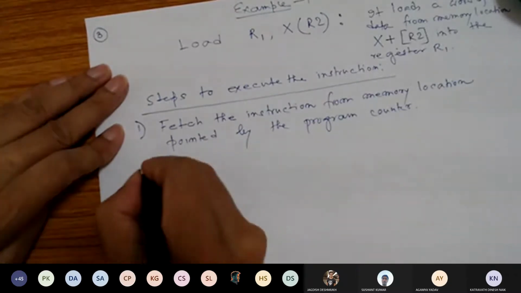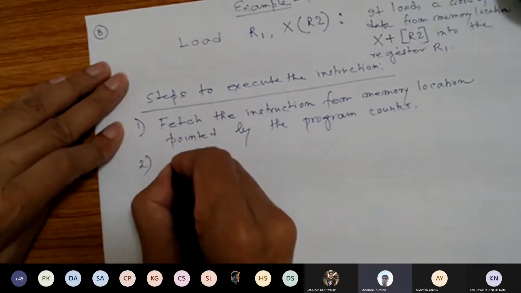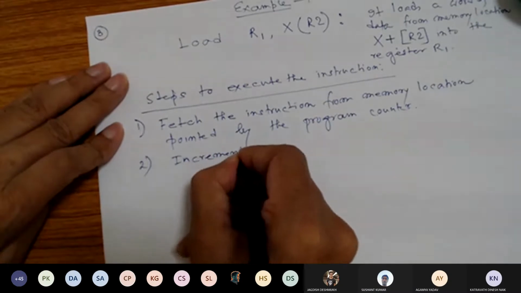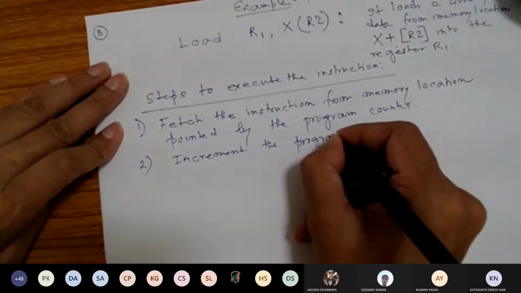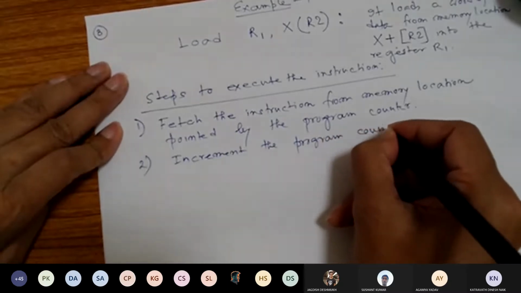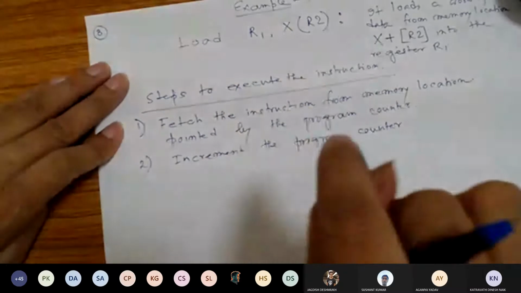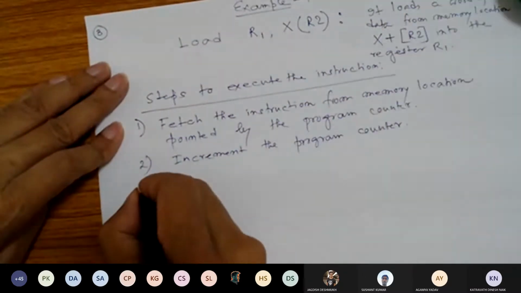That is the first step. Second step, increase the program counter. Yes. So increment the program counter, because it should point to the next instruction to be fetched.